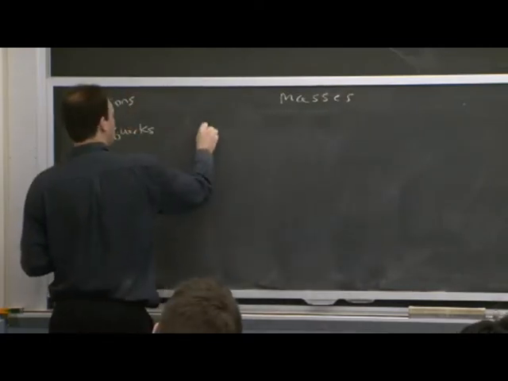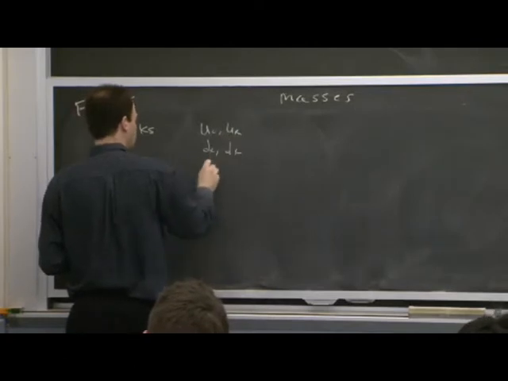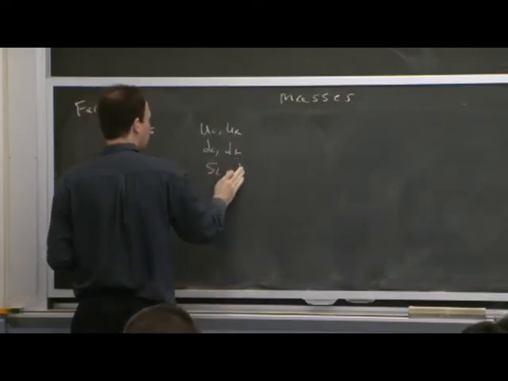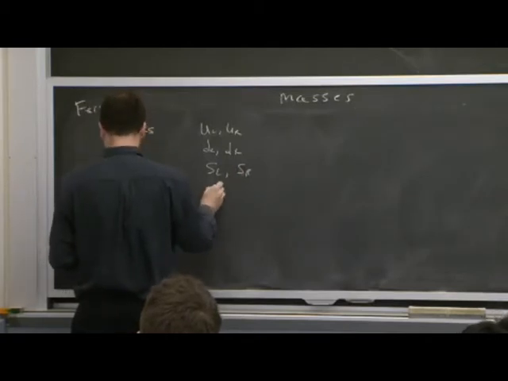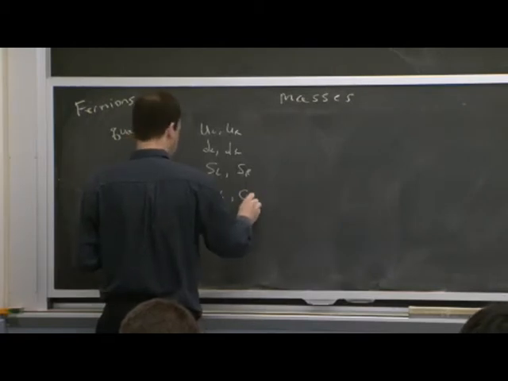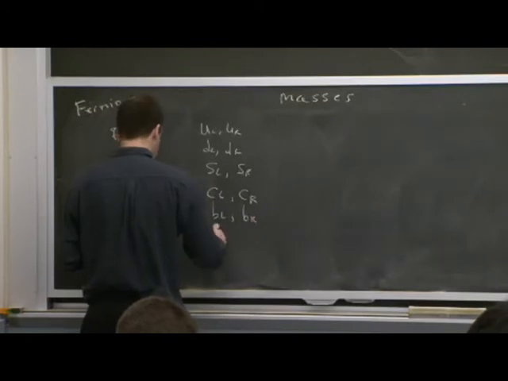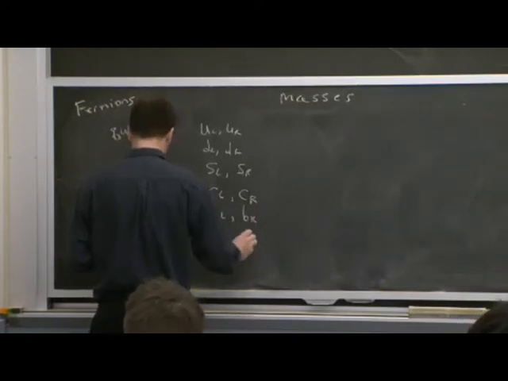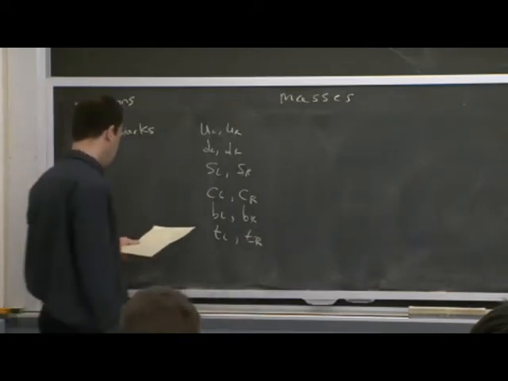So quarks, up quarks, down quarks, strange quarks, they all come in left and right-handed guys, and the gauge couplings are different for left and right-handed for the electroweak and U1 parts of the gauge group. So there's 6 different flavors, and both right and left-handed.